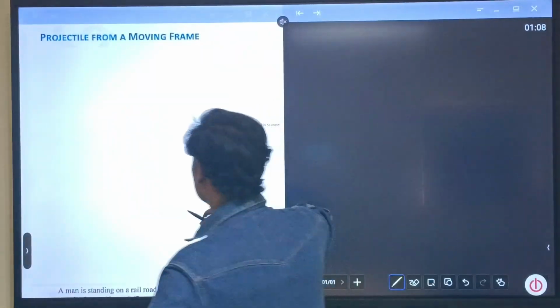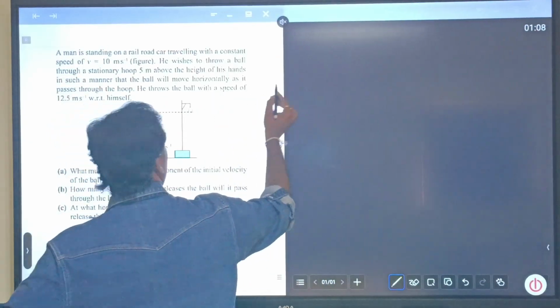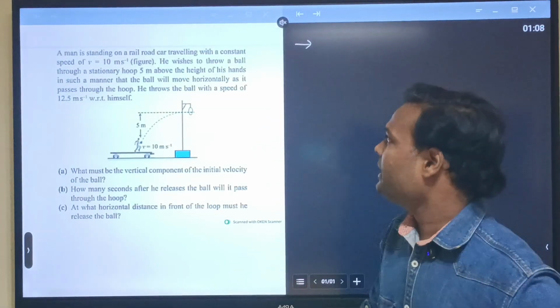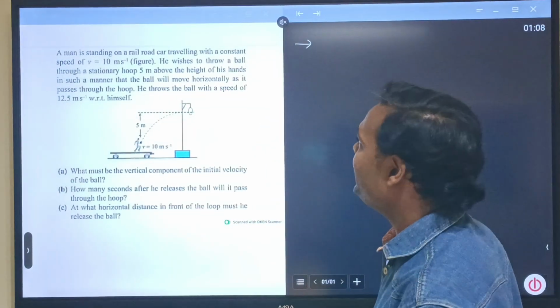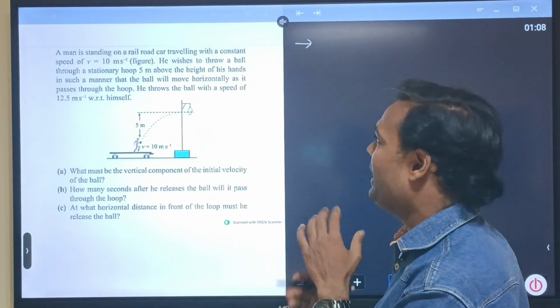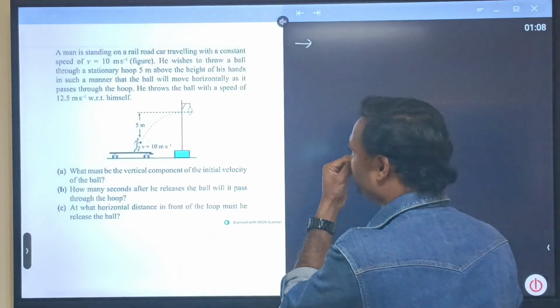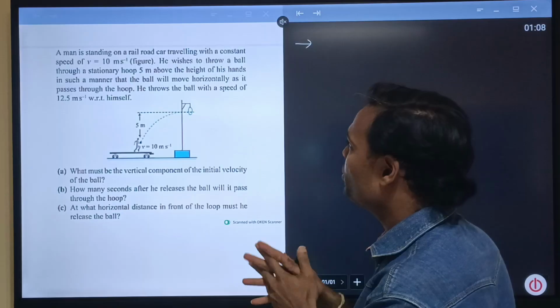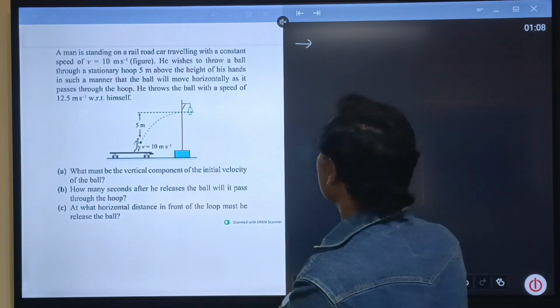Based on this concept, let us try to solve a critical and most important question. See, the question is: a man is standing on a railroad car traveling with a constant velocity 10 meter per second. He wishes to throw a ball through a stationary hoop 5 meters high.